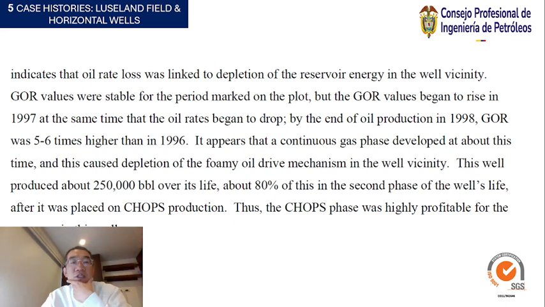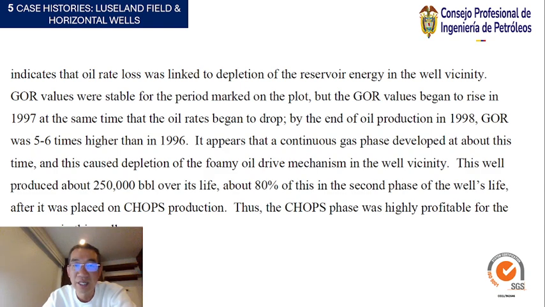GOR values were stable for the period marked on the plot, but the GOR values began to rise in 1997 at the same time that the oil rates began to drop. By the end of oil production in 1998, GOR was 5 to 6 times higher than in 1996.